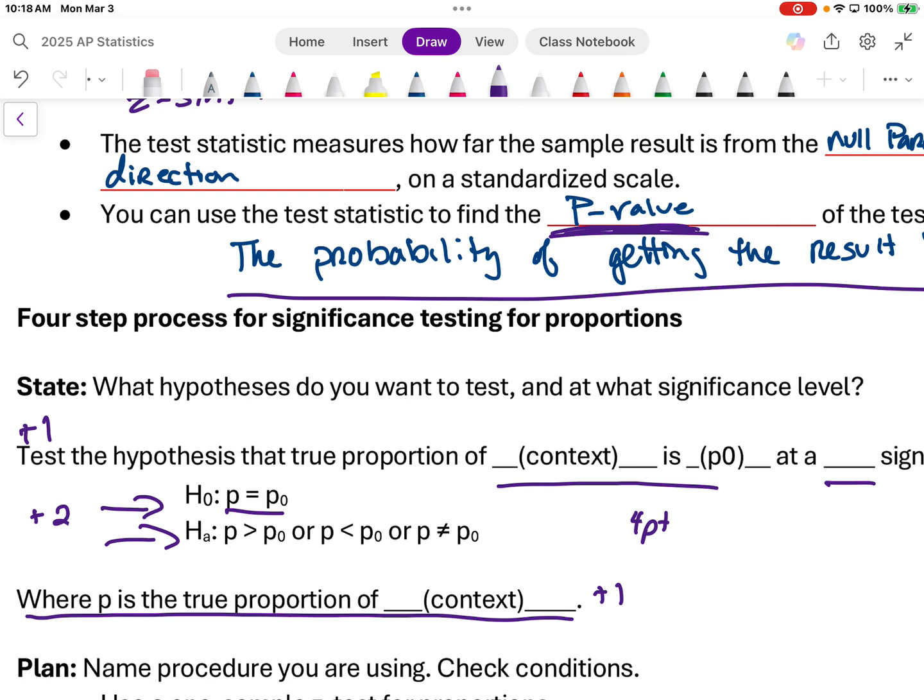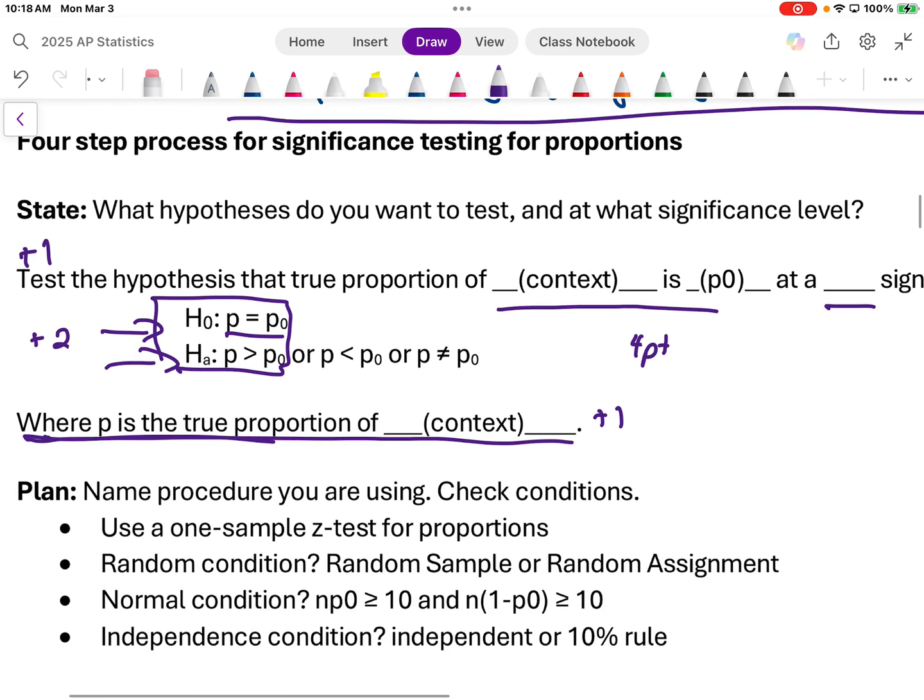You miss any one of those, and it's out of 4. The minimum you should be getting is at least a 2 out of 4. Now, we don't always want to do the minimum, but at least having that part there gives you 2 out of 4. But we also want to make sure we define what p is, and we make the statement of what we're trying to do.